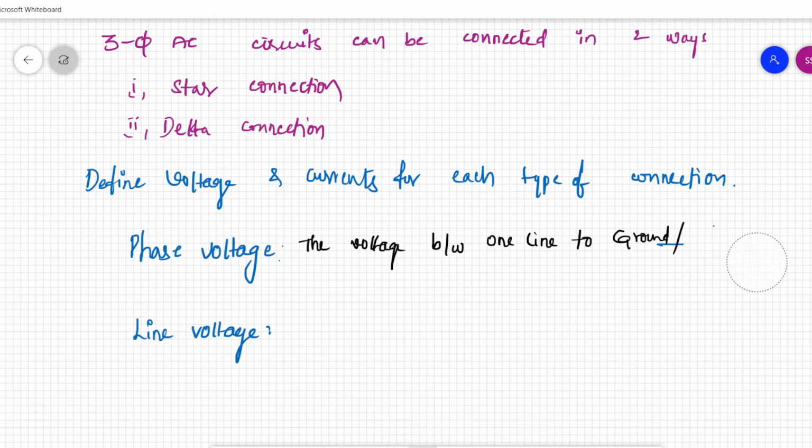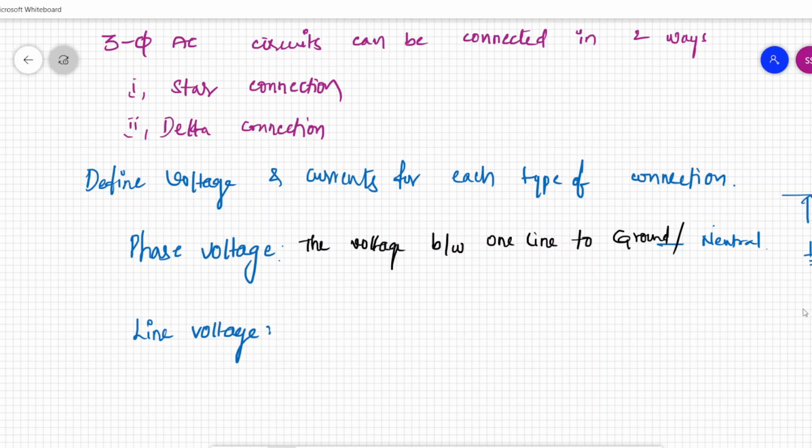That means if this is A phase, the voltage between one line and one ground is called phase voltage.